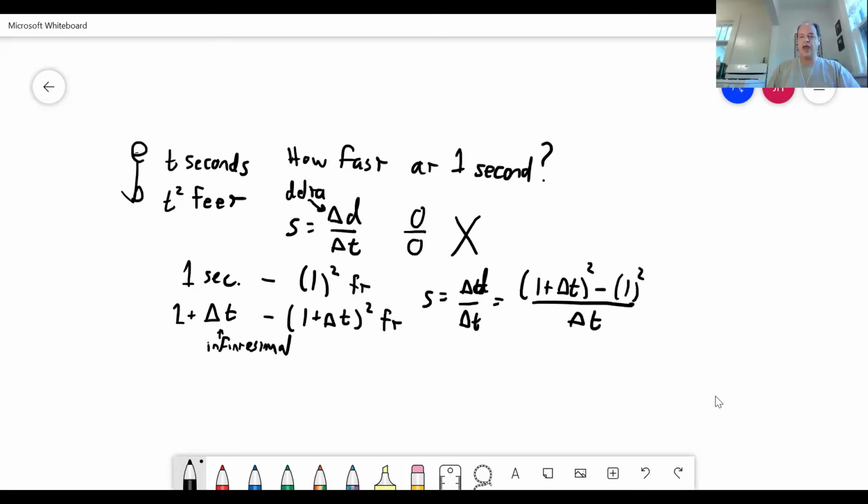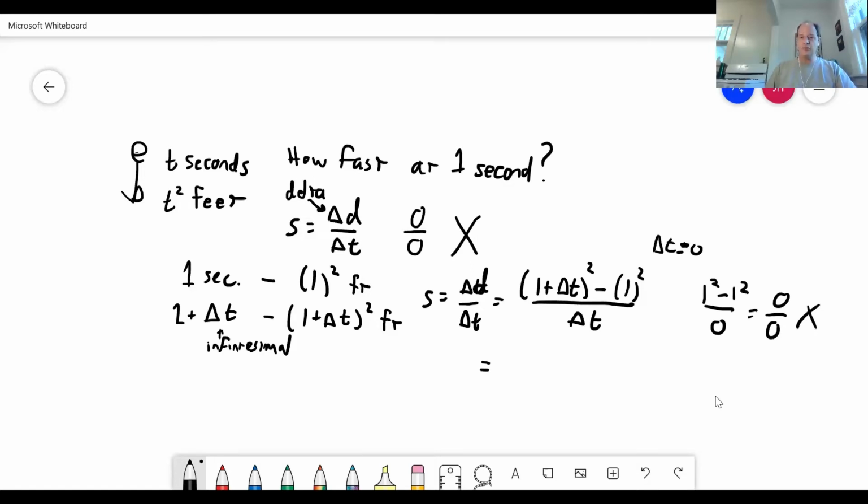Now here's the thing. If we plug in 0 for our change in time here, if we let delta t equal 0, we get 1 squared minus 1 squared over 0, which is basically 0 over 0. So that's when we talk about at the exact 1 instant, there's no time changing, we get a 0 over 0. So we cannot let that delta t be equal to 0.